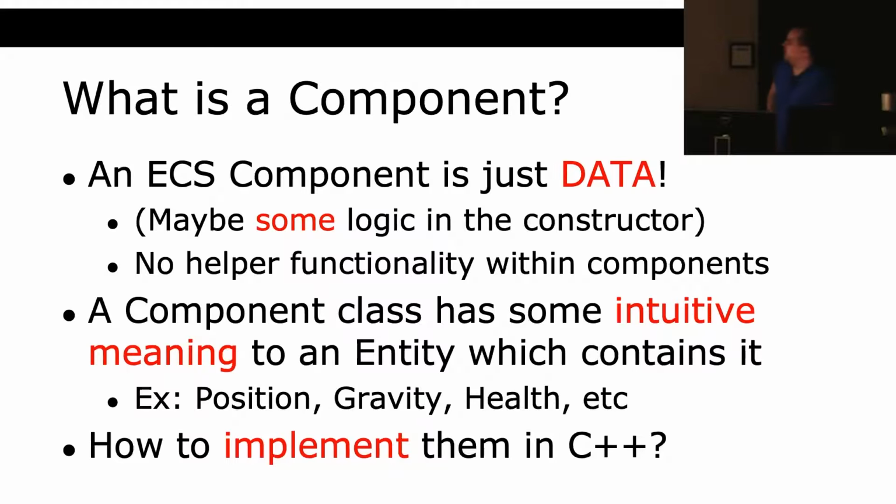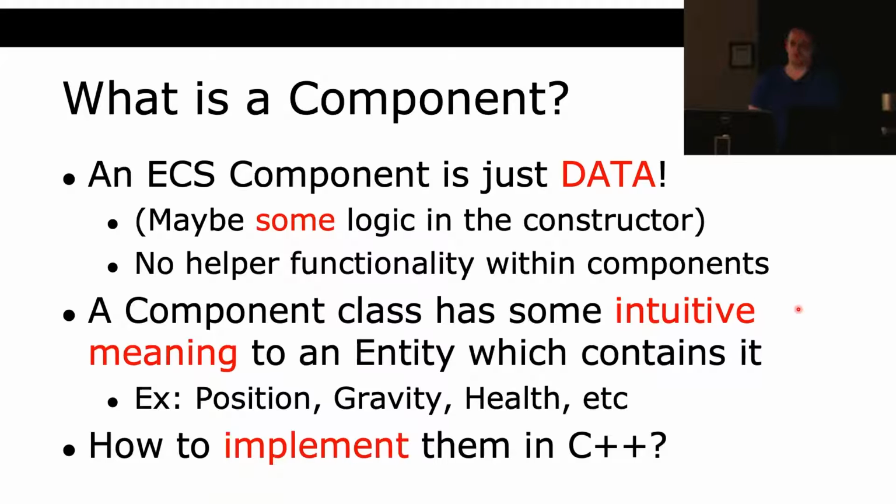What is a component? So we're talking about components that are just pure data. We might cheat just a little bit where we have a little bit of logic in the constructor of a component, but I'm not going to be doing a bunch of things like implementing gravity or implementing the input stuff within a component itself. And we'll see that in a bit. I'll have some examples of components.